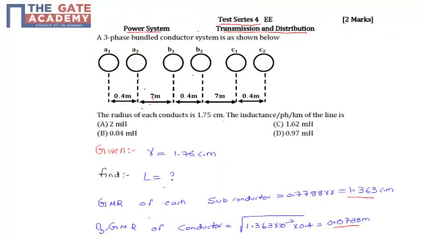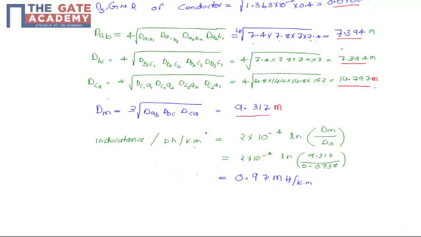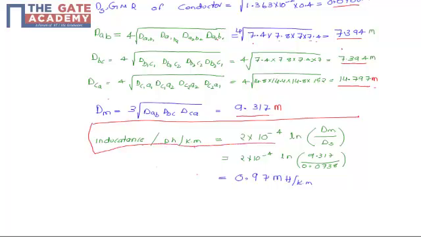So we have to find the value of inductance per phase per kilometer. The formula to calculate it is equal to 2 into 10 power minus 4 ln Dm by Ds.